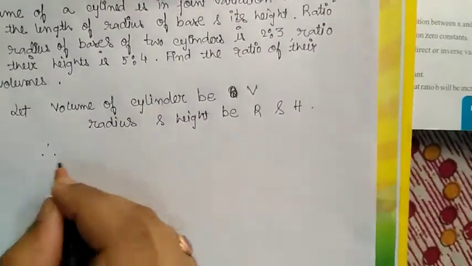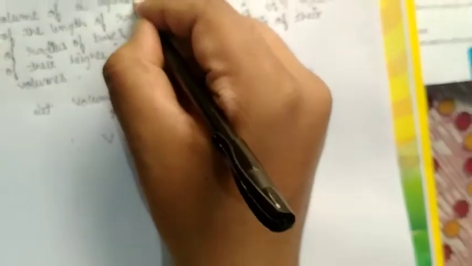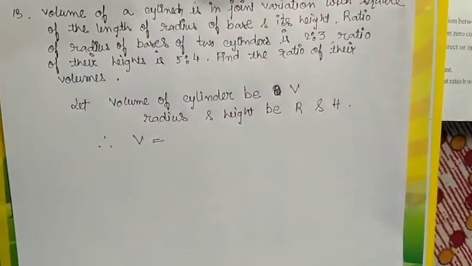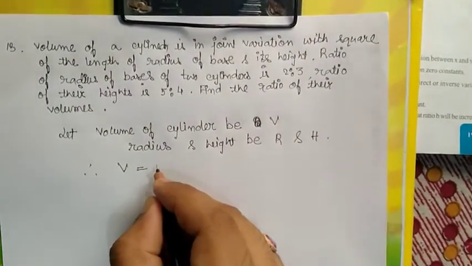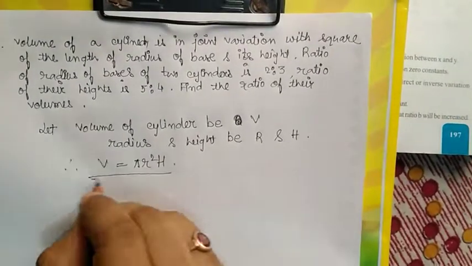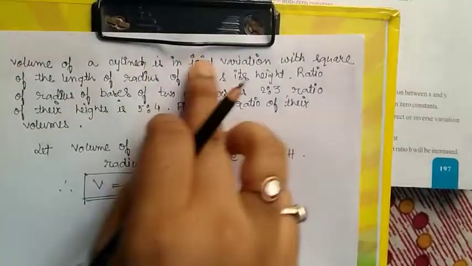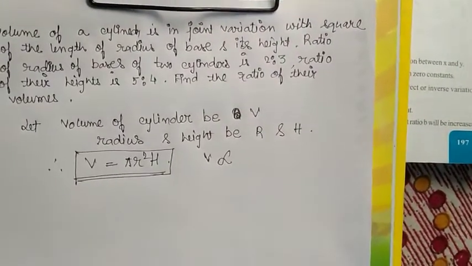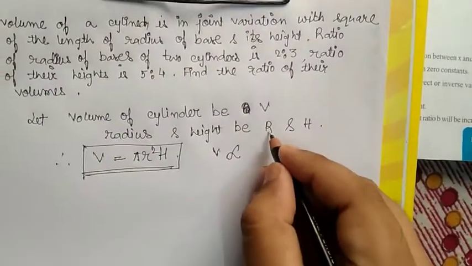Now according to the question, the volume of a cylinder is in joint variation with the square of the length of radius. We know the volume is pi r square h, but here this is not important. According to the question, volume varies directly with the square of the length of the radius.